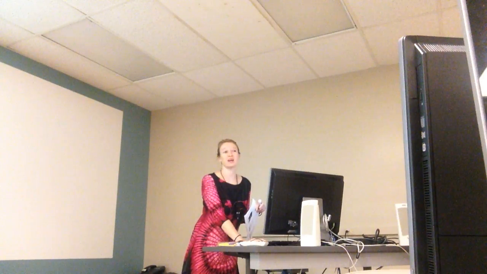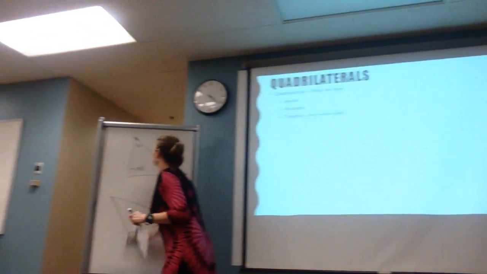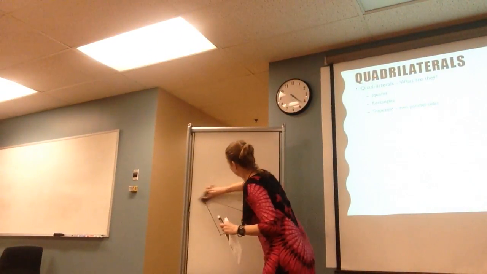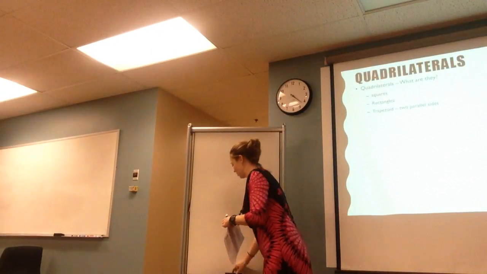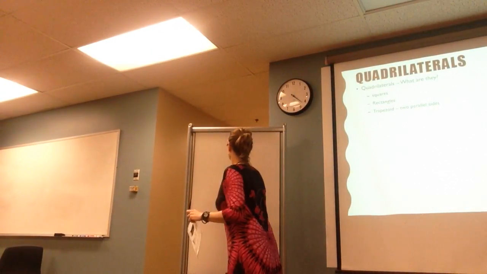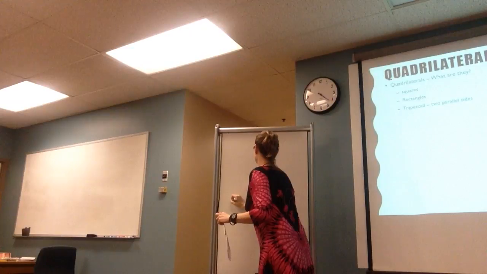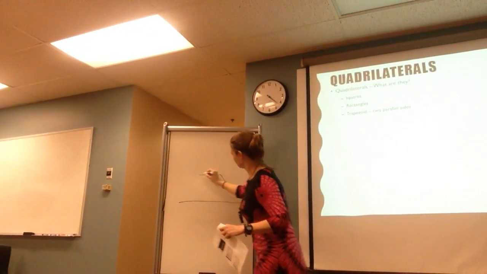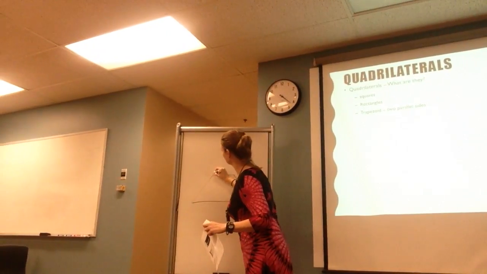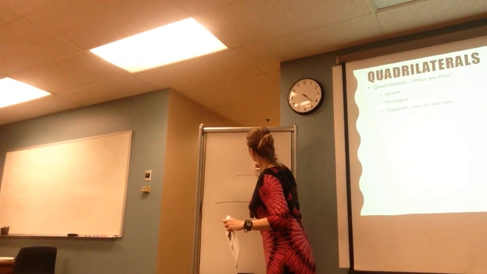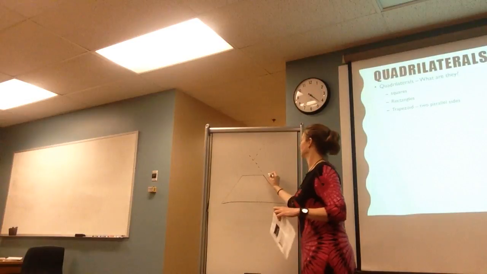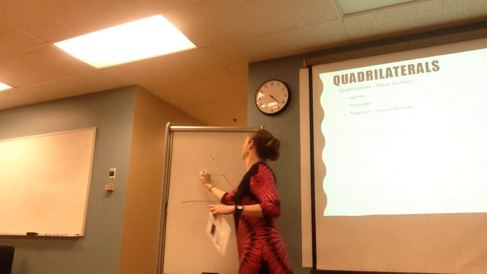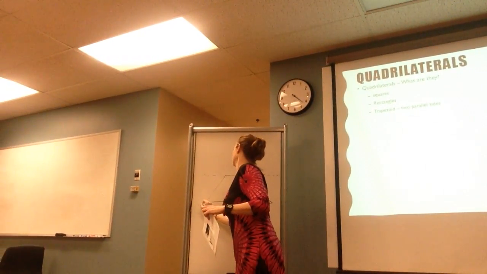A trapezoid has two parallel sides, which means the other two sides are not parallel, so if I continued them, they would eventually intersect. I might have something like this, where these two sides are parallel. If I continue these other lines, they're going to intersect eventually. But if I continue these, no matter how long, they're never going to intersect because they're parallel.